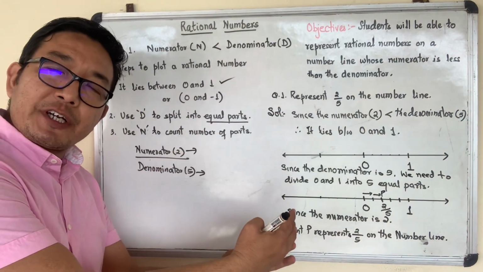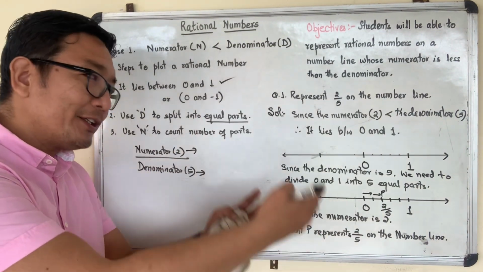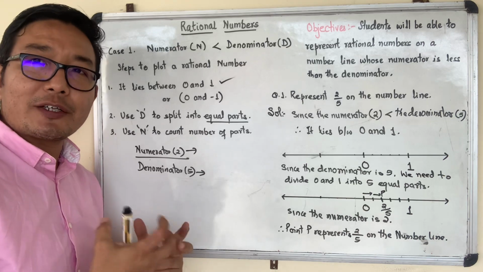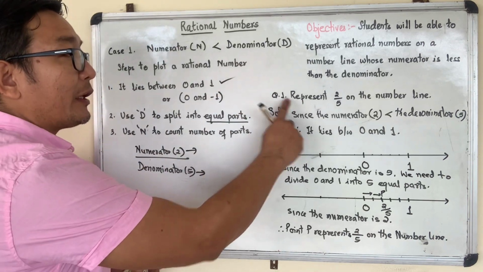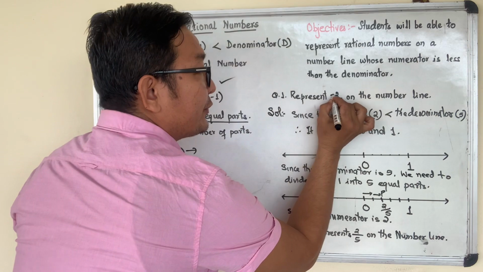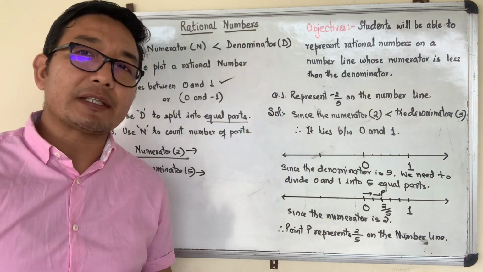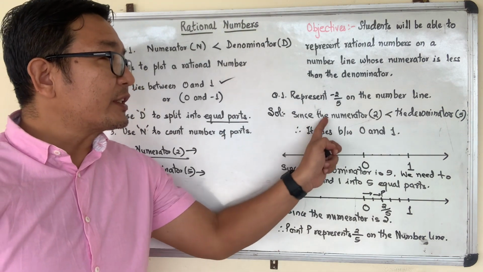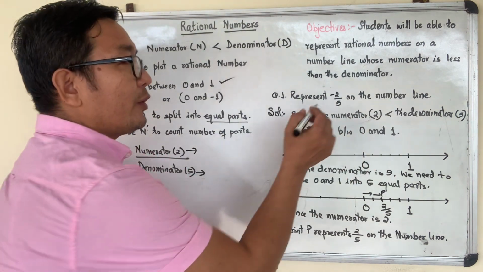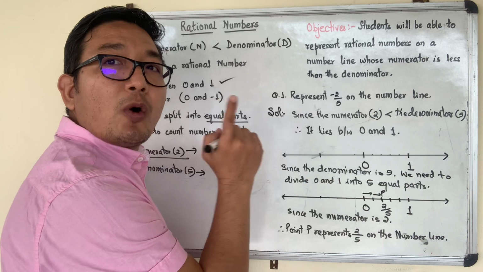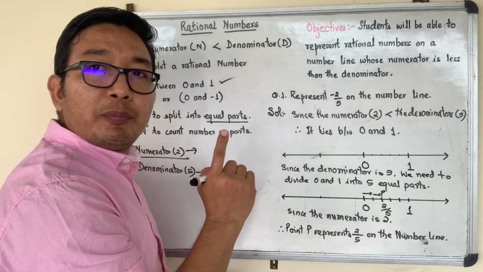Now represent negative 2 by 5 on the number line. Since the numerator 2 is negative, we take only the numerical value.